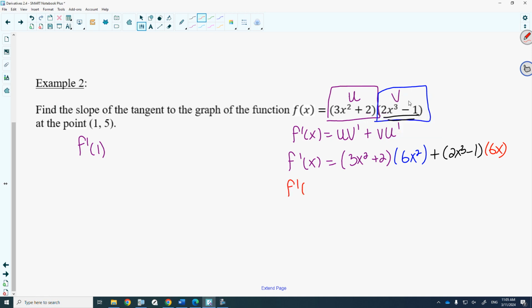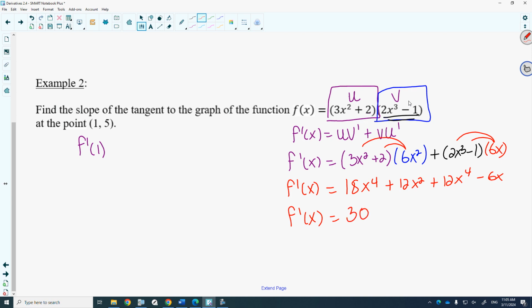Okay, we're going to expand this out, and then we'll have the derivative. So when we expand this out, we are going to get 18x to the 4 plus 12x squared plus 12x to the 4 minus 6x. f prime of x is equal to, so we'll combine the x to the 4's, and that would give us 30x to the 4 plus 12x squared minus 6x.